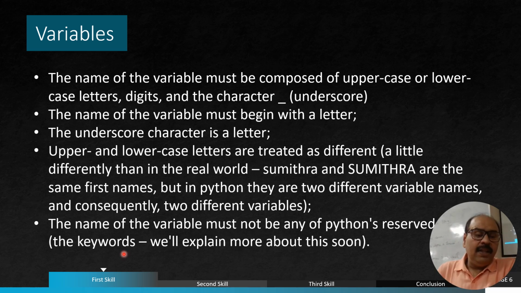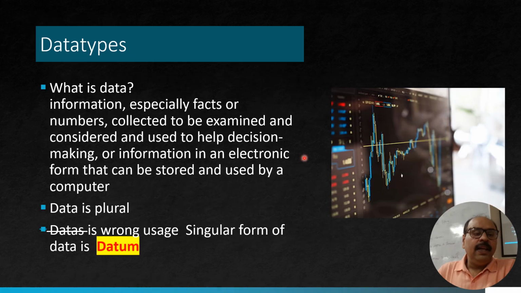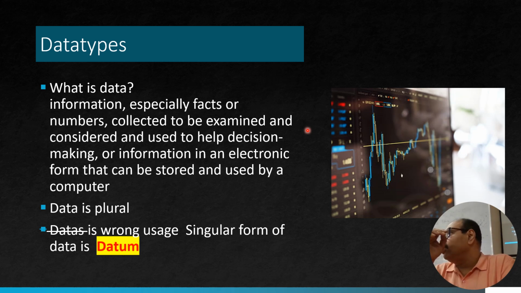Next, data types in Python. What do you understand by data? What is data? Information. Any information. We have different types of information. Say, for example, your name is information.